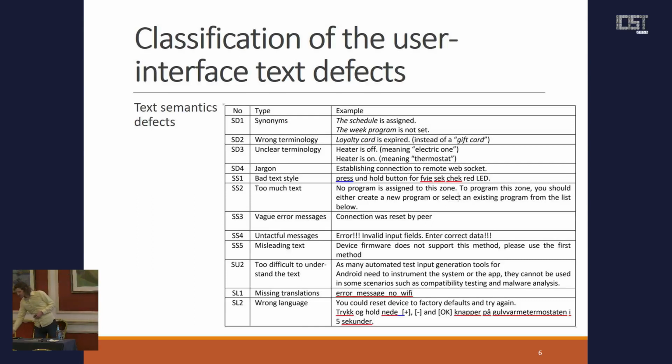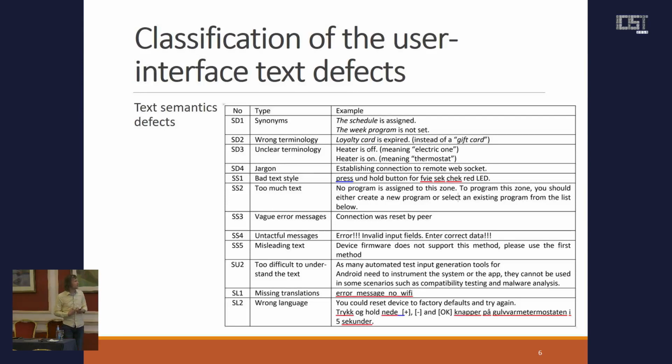Another kind of problem, let's say, is messages which are offensive, not tactful, and basically offending the user. Here is an example: error, three exclamation marks, invalid fields, please enter correct data. There is not even a please word, and another more exclamation marks.